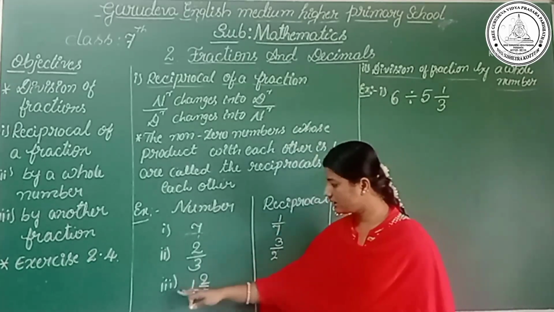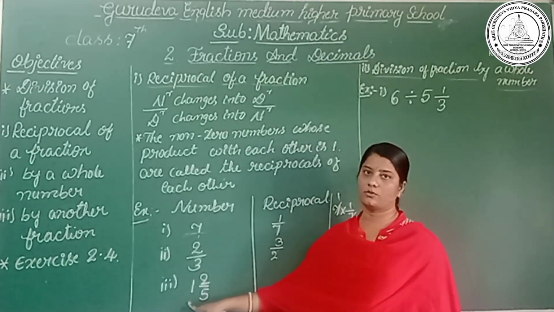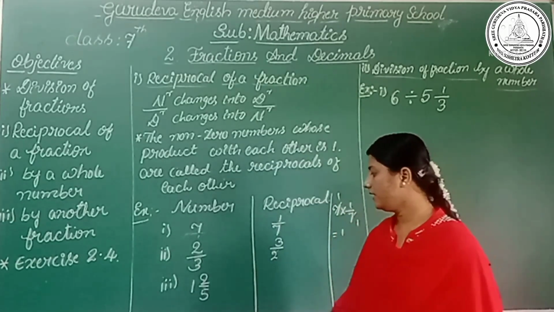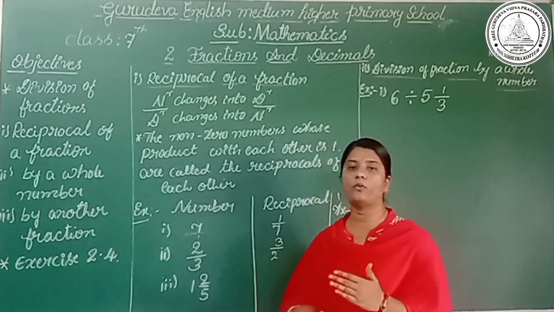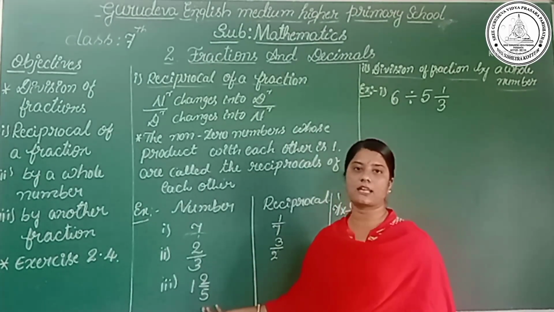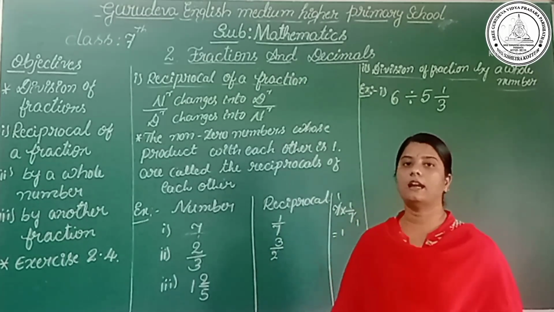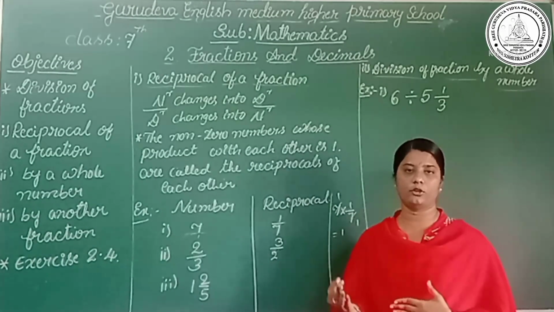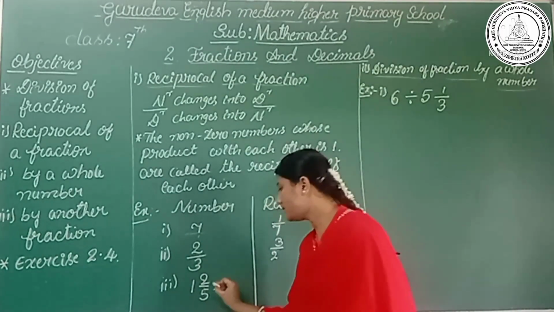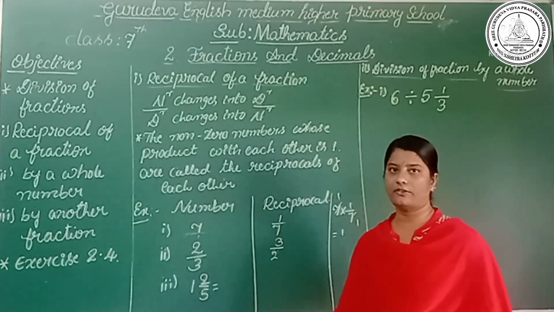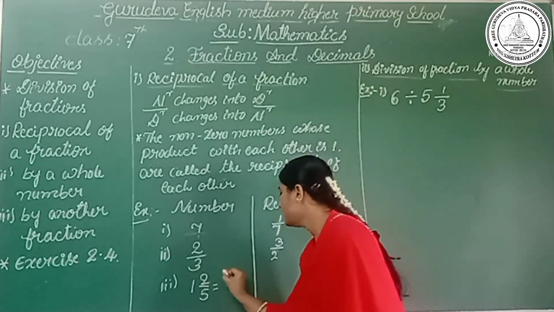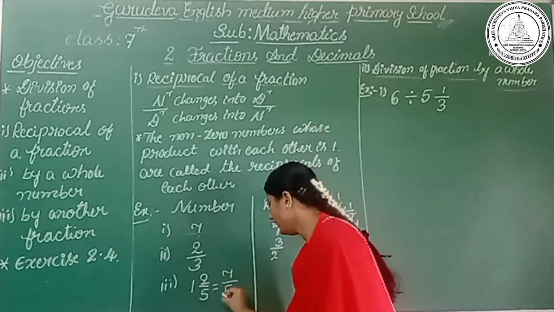In the same way, the third one is a mixed fraction. What is the reciprocal of the mixed fraction? So here it is in the mixed fraction. While we are going to take the reciprocal, we have to convert this mixed fraction into an improper fraction, and we have to change the numerator to the denominator and the denominator to the numerator. So here the mixed fraction is converted into an improper fraction. 5 ones are 5, 5 plus 2 is 7, so 7 by 5.